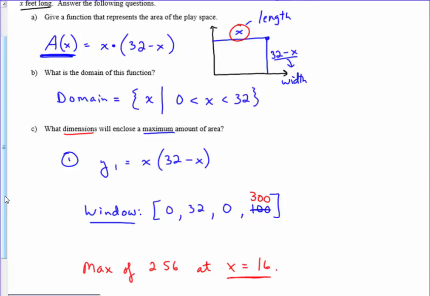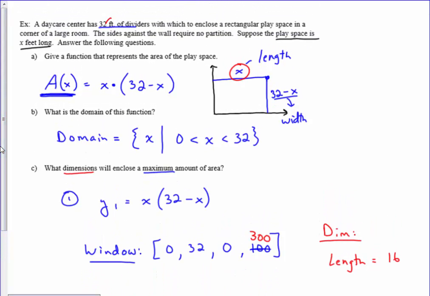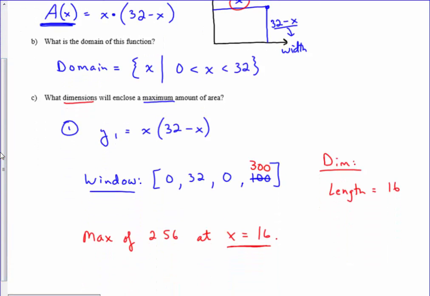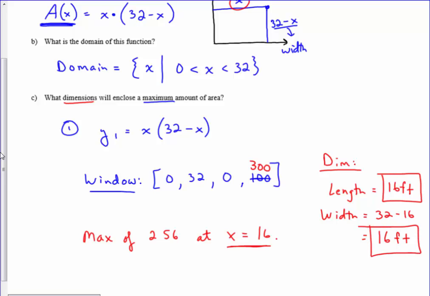So for dimensions, the length would be 16, and looking at the units used in this function, we see feet were used, so it's 16 feet. And then the width was 32 minus x, so it would be 32 minus 16, which is 16 as well. And so the dimensions would need to be 16 feet by 16 feet to maximize the area of that play space.